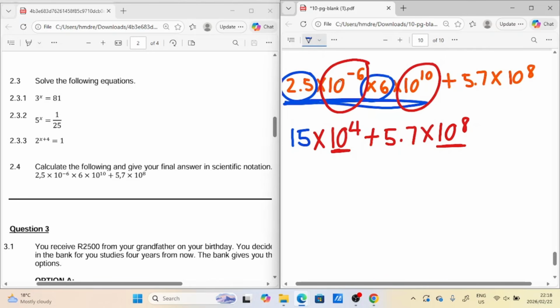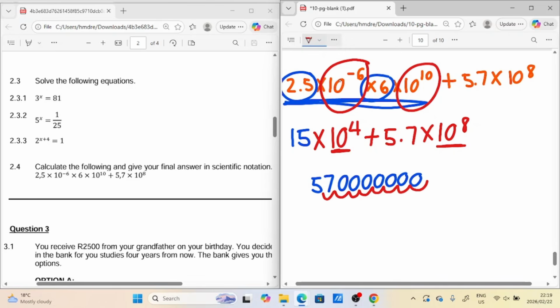So I'm going to say 5.7 times 10 to the 8, so that's going to be 5, 7, 1, 2, 3, 4, 5, 6, 7. Okay, let's just check ourselves. That is 1, 2, 3, 4, 5, 6, 7, 8.